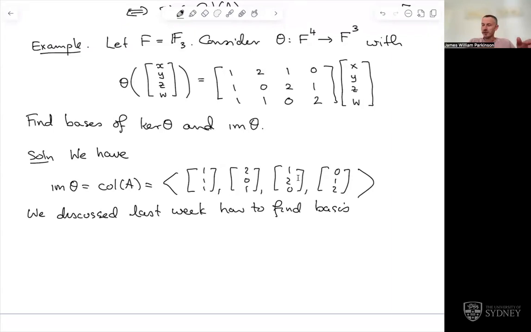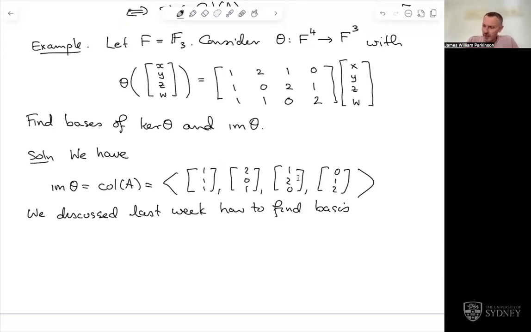Well, that gives us our matrix that we started with, actually. And then just row reduce that matrix to row echelon form. We don't have to go all the way to reduced row echelon form, just row echelon form. And then for the columns of that row echelon form that have the pivots, which are the leading ones, we take the corresponding columns of the original matrix A, and that forms a basis of the column space, or the image.